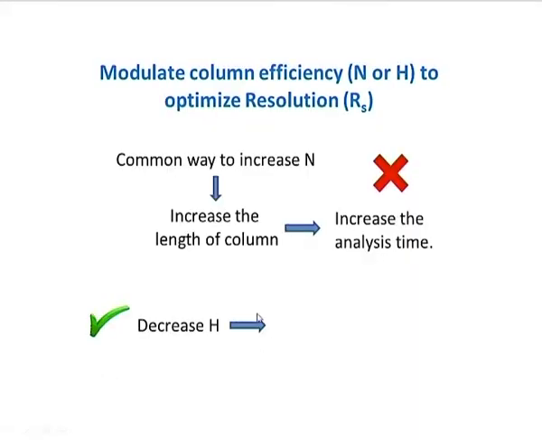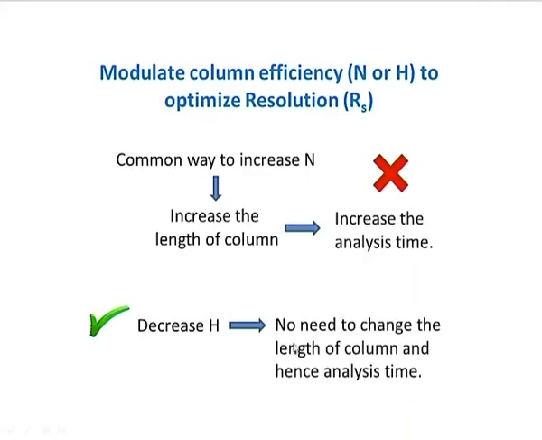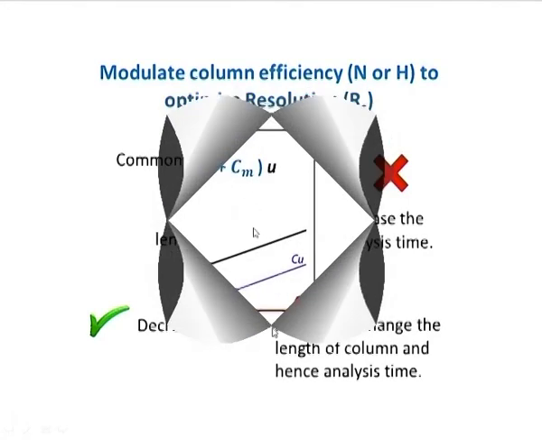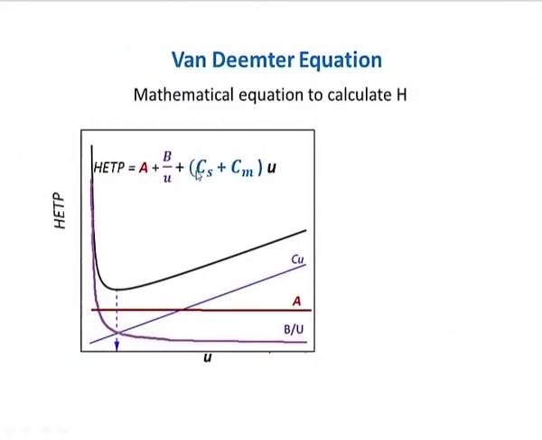So, what is the alternative? Your alternative is that you decrease plate height, and if you are able to do that, you won't need to change the length of the column, and the analysis time, which is your TR, would more or less remain the same. How can we do that?